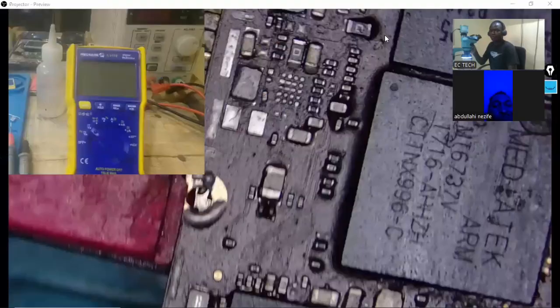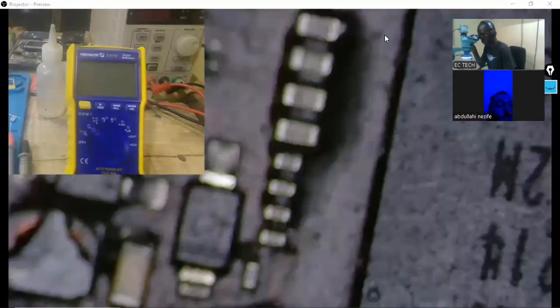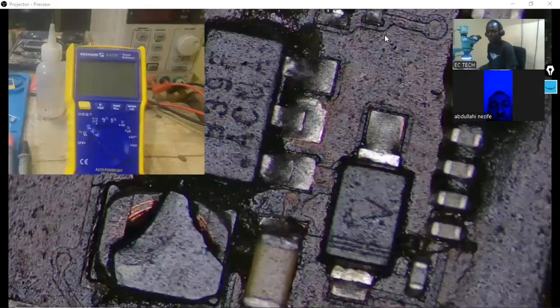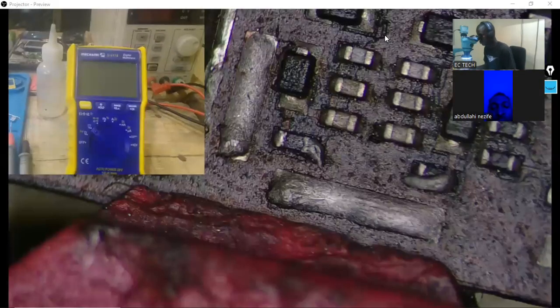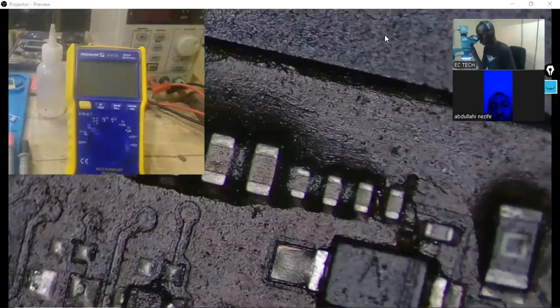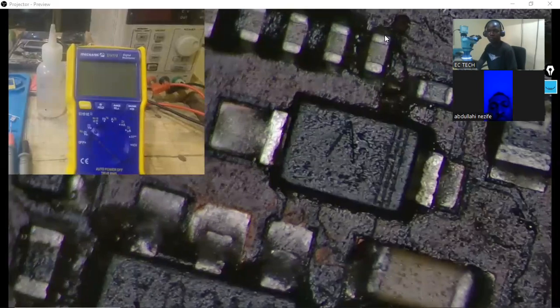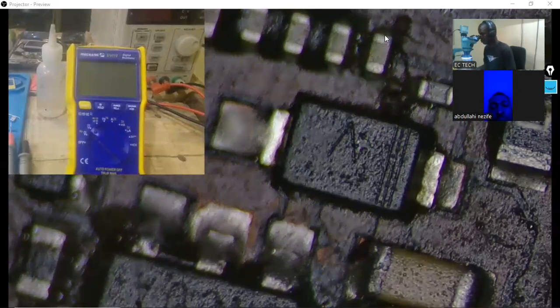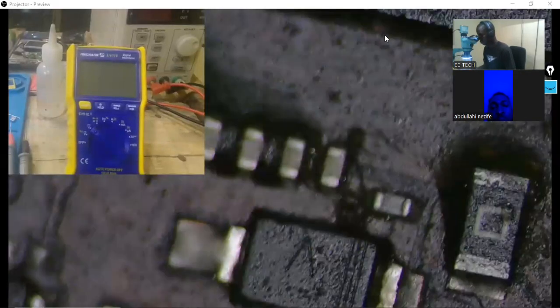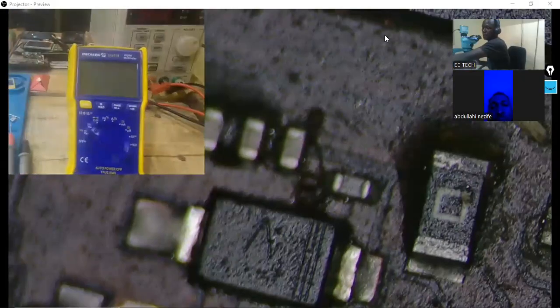Alright, so now this is one of the examples of a diode. So this diode. Let me try to clean it.